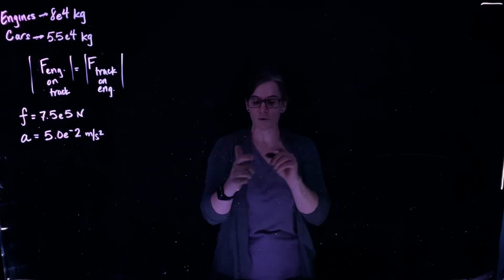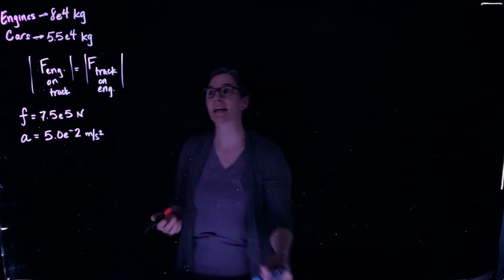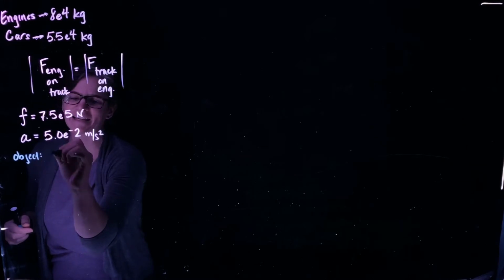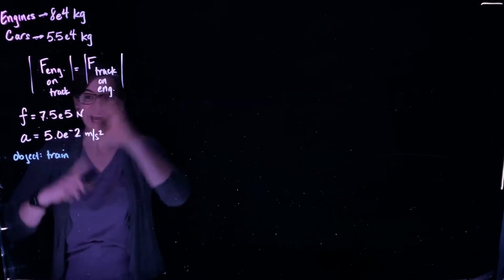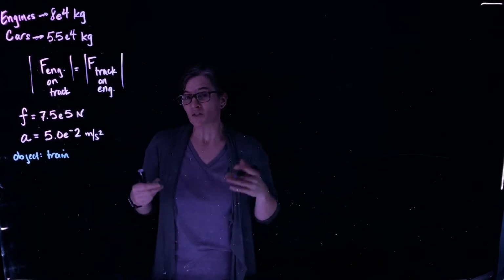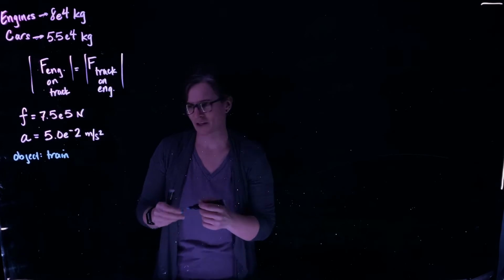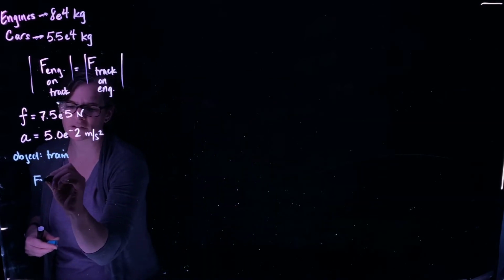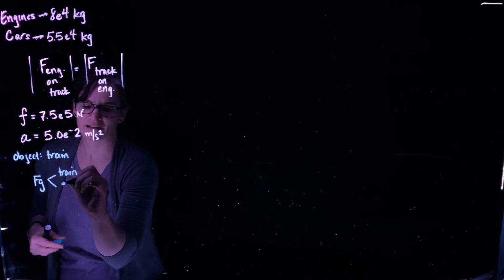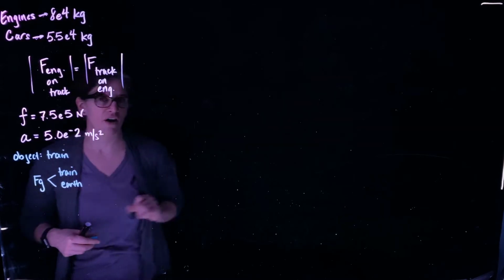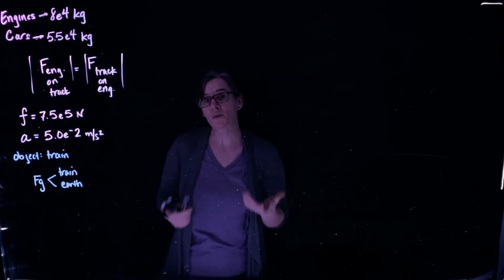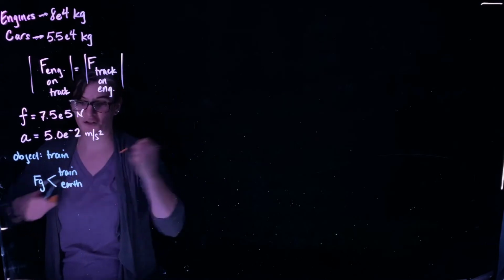All right, so to do a force analysis, we need to identify our object. So our object in part A here is the whole train, the entire thing, both engines and all 45 cars. So what forces are acting on this object, the train? We know we have the force of gravity because the train has a mass. So the train and the earth are interacting for that force of gravity. We also know that the train experiences friction.